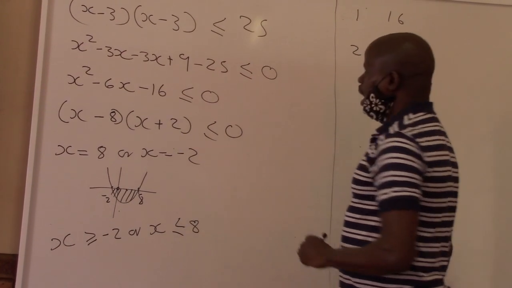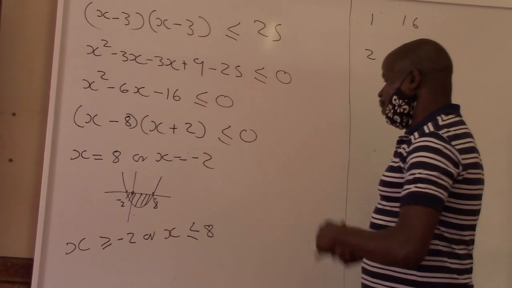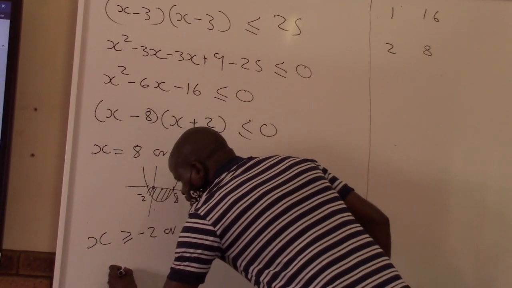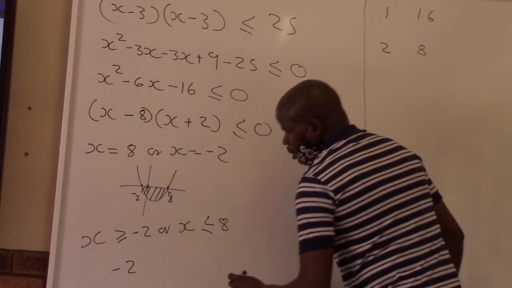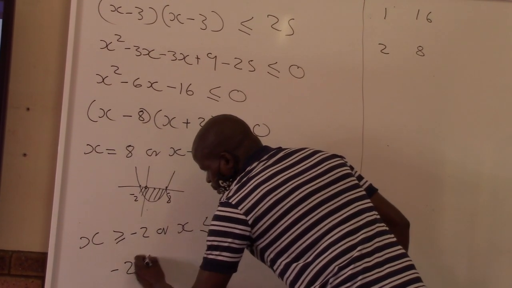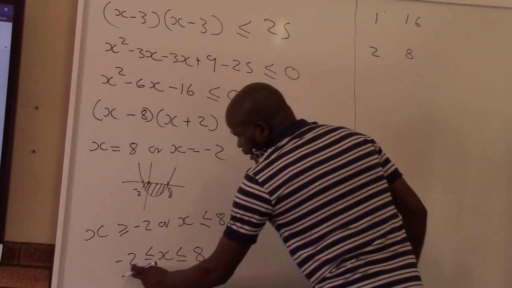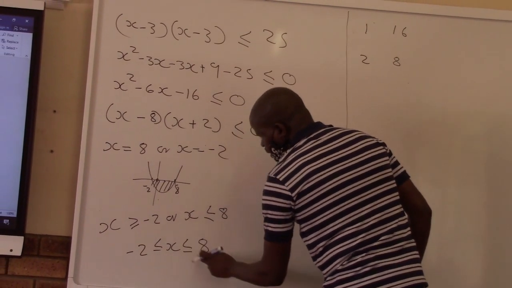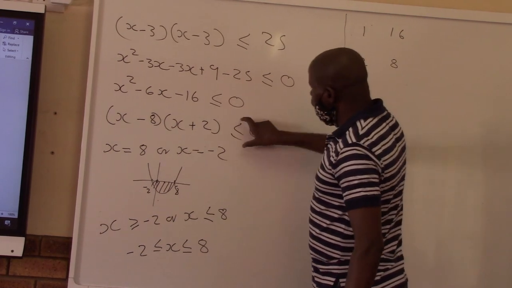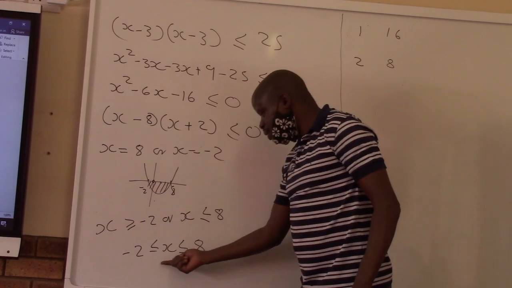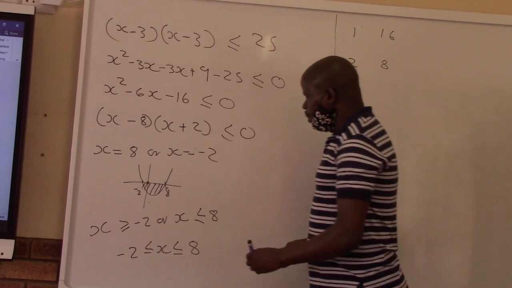And this one, you can also write in this notation: negative 2 is less than or equal to x, and x is less than or equal to 8. This is the notation we can use if it's less than. Why do we use that one?